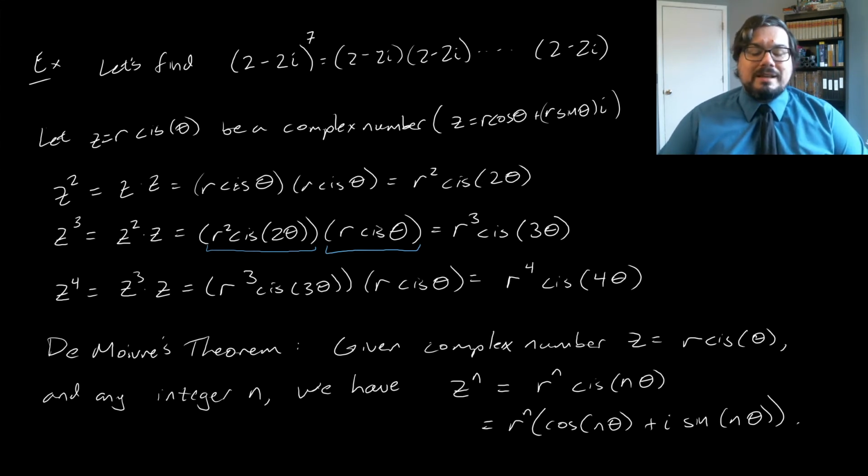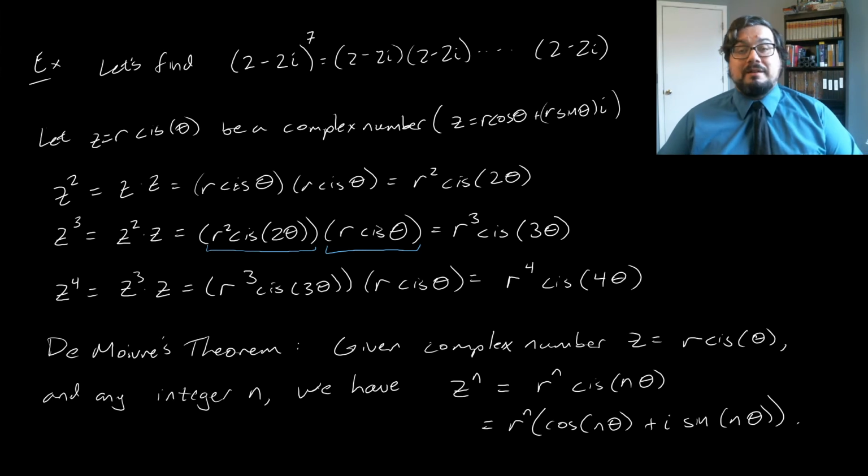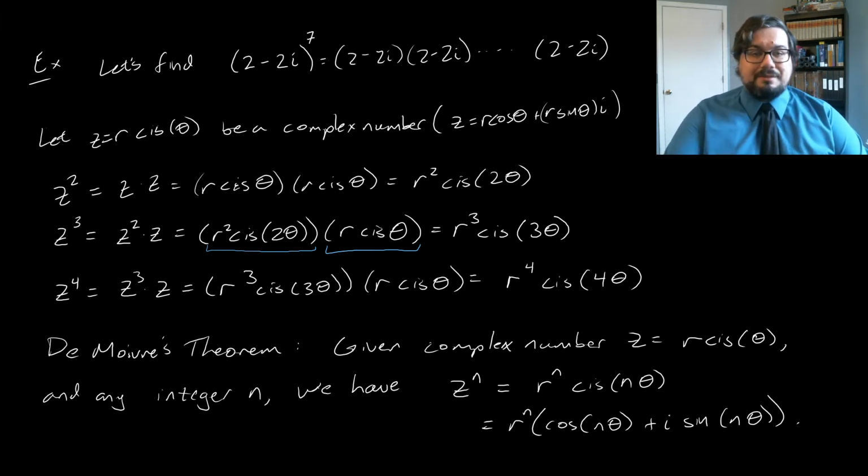I do want to point out that this formula does also work for negative values of n and for 0. This applies when n is any integer. And so we can now use this in order to take powers of, well, pretty much any complex number we like. So let's go ahead and do that with the example that we started this slide with.